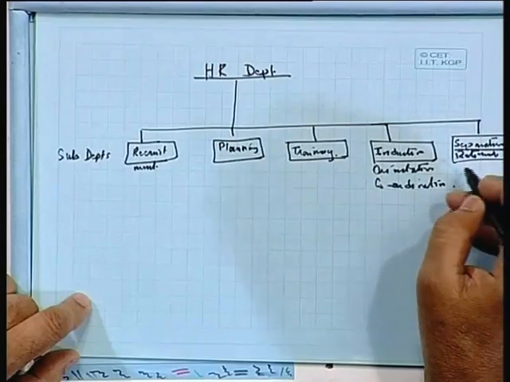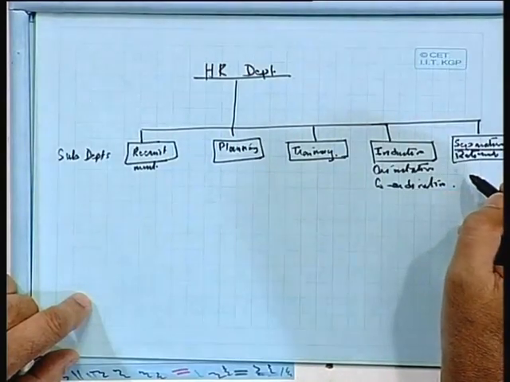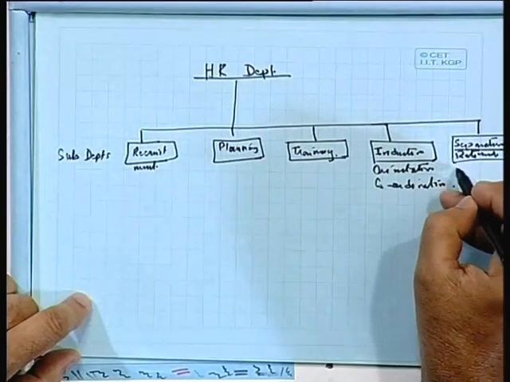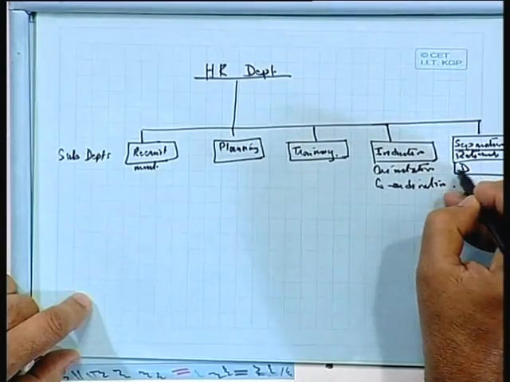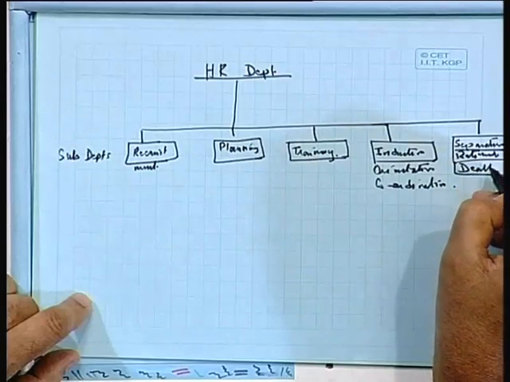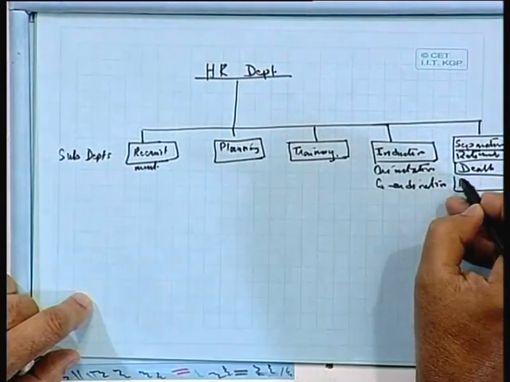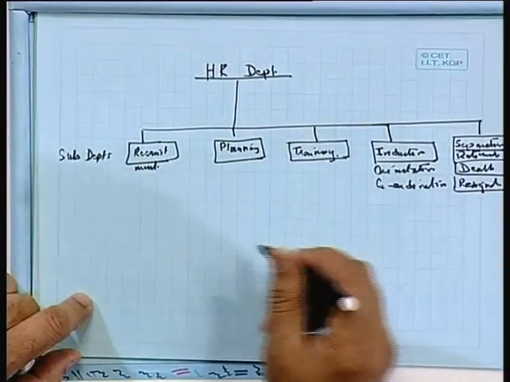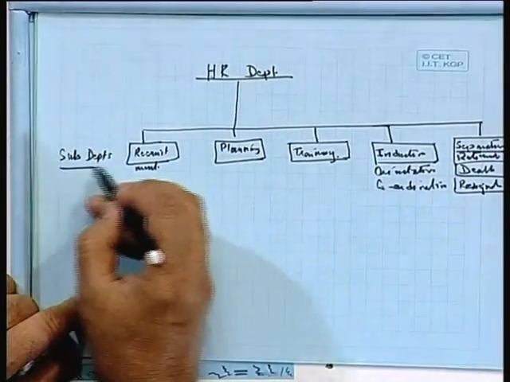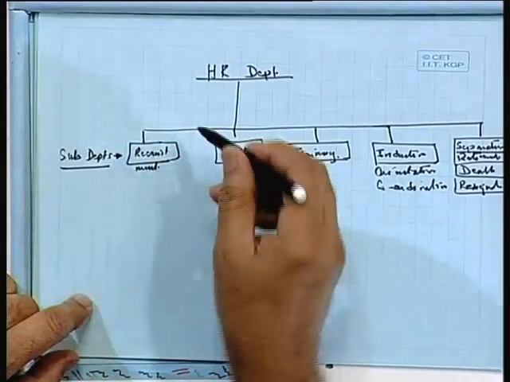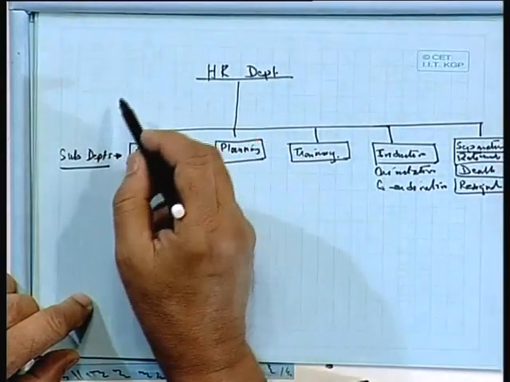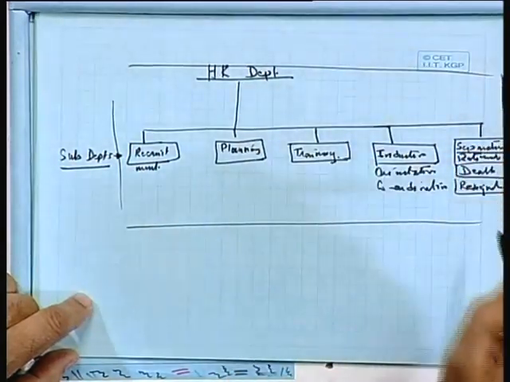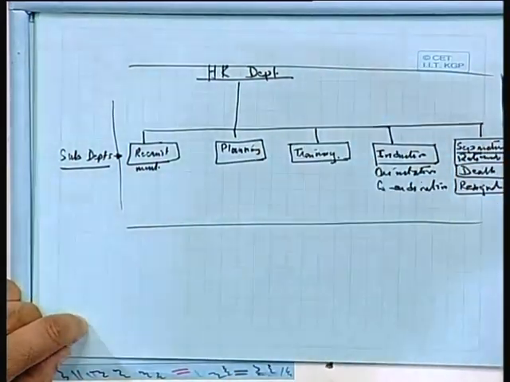Similarly, those who resign, all the processing on the administration of the resignation. So, retirement, death, resignation. So, all these subunits must work in coordination with each other to make the HR process which we just saw.